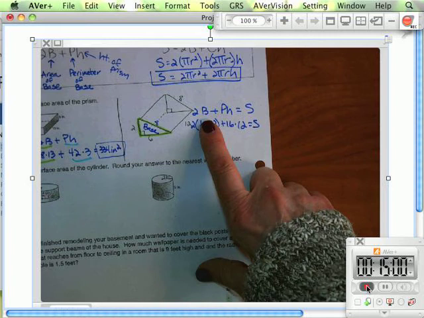Plug and chug. What is r in this picture? The radius is 3. Okay? 3 squared. So that's the first part. Now I plug in what I know here. 2 times 3.14 times the radius, which is what?